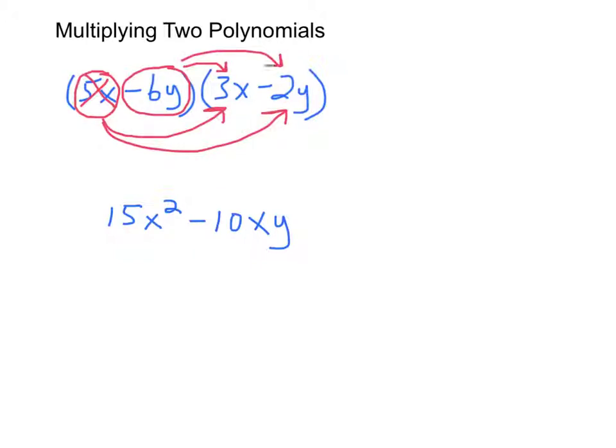Put the arrows on top this time. So we'll have negative 6y times 3x. That's minus 18xy. And then we'll have a negative 6y times a negative 2y, which is a positive 12y squared.